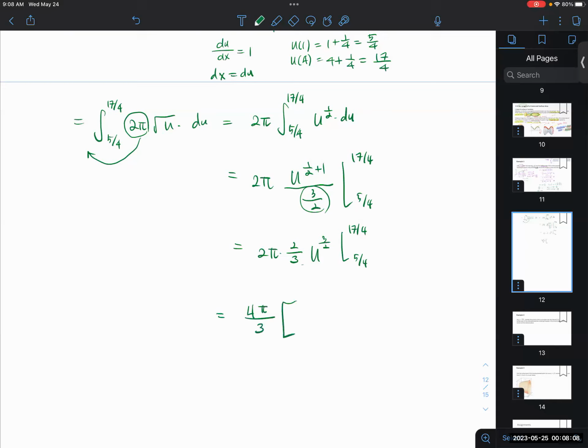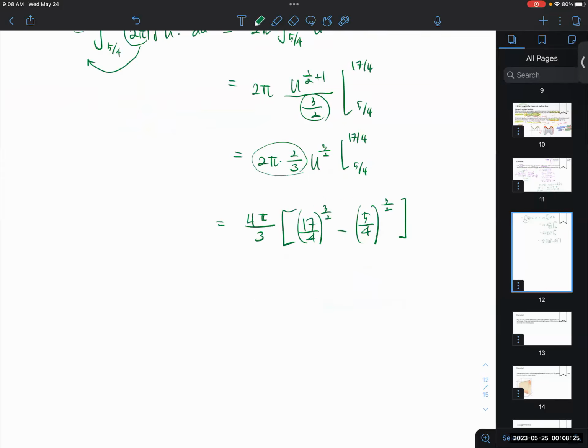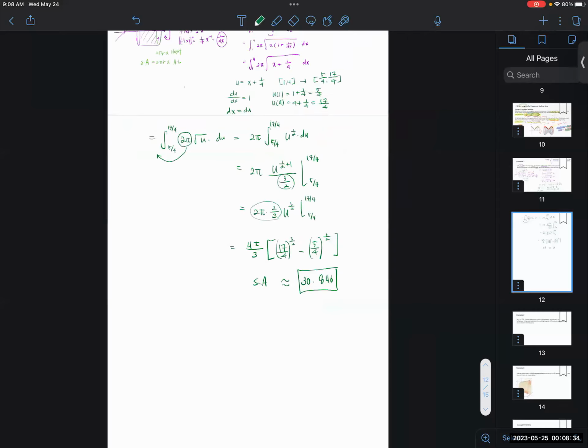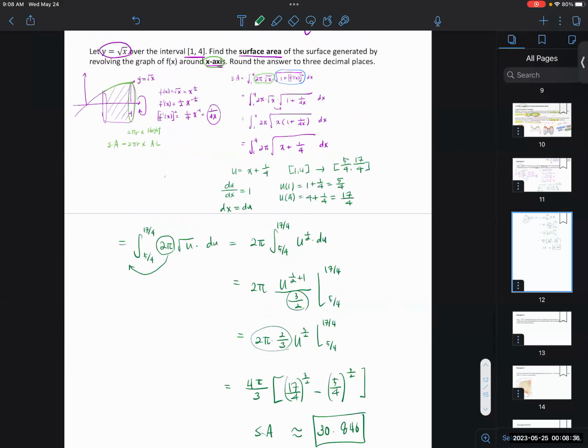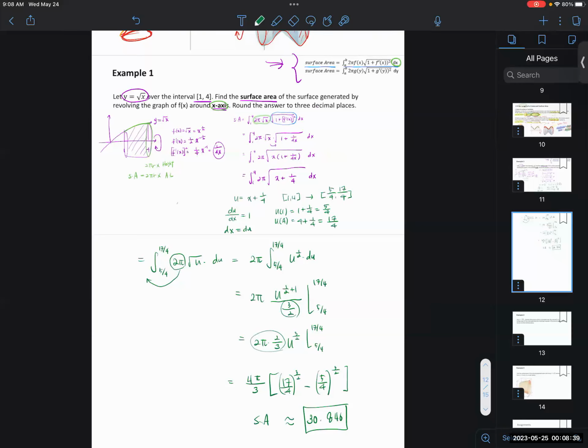And then I just combine these two: 17 over 4 to the 3 over 2 minus 5 over 4 to the 3 over 2. So now you can put this equation into decimal, so the surface area is approximately 30.846. That's your answer. So nothing is very special here.